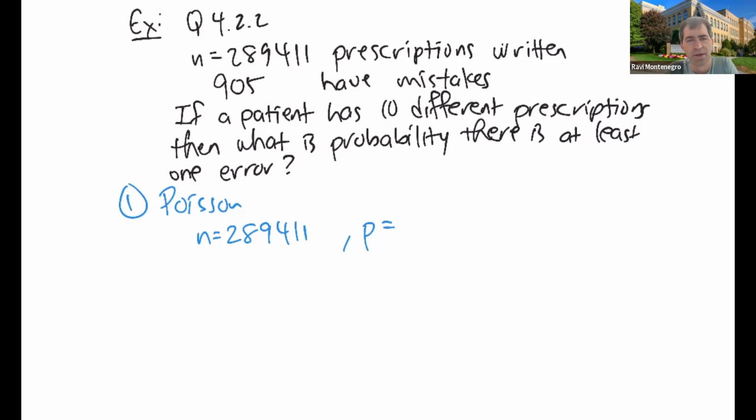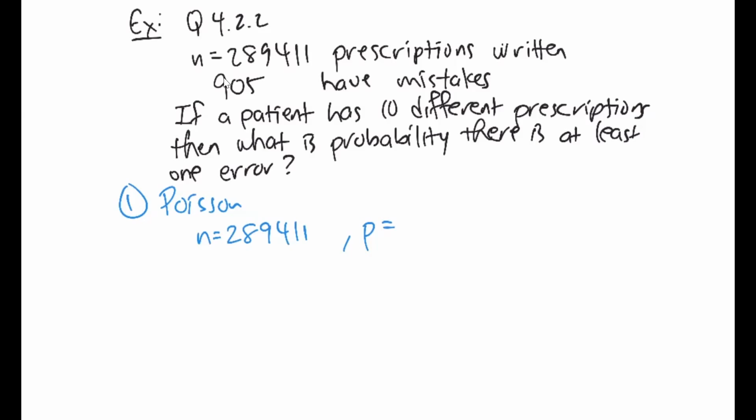Okay, so I need the probability of success. How would I find the probability of success? Meaning the probability that a prescription is an error. Do 905 divided by 289,411. Okay.